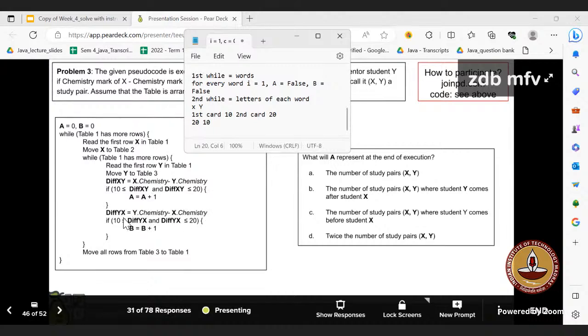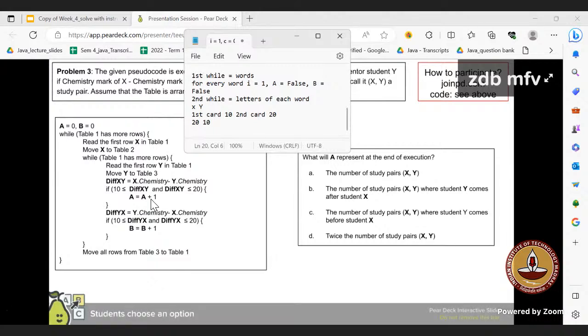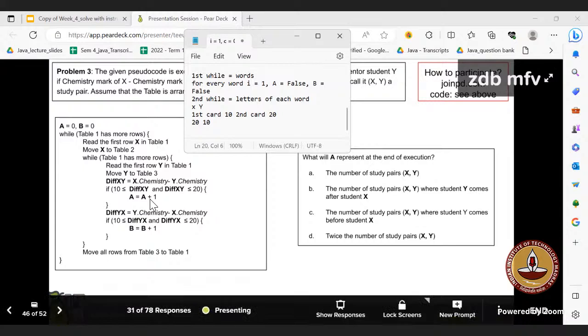The difference will be in that range 10 and 20, and it will be counted as a pair, but that will be counted as a pair in B. But if y comes after x, it will be counted as a pair in A. When 1 and 2 are in ascending order, we assume x is 1 and y is 2, and we say y is coming after x, means 2 minus 1, right, ma'am?